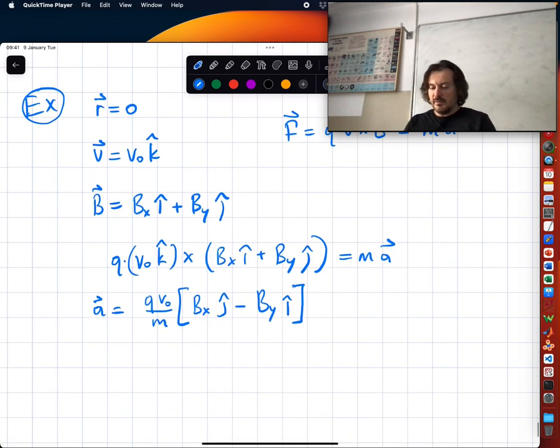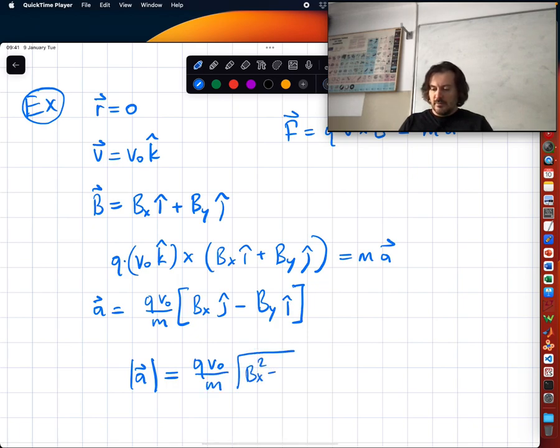No. So what is the magnitude of a? How do you find it? I take the square root of Bx squared plus By squared. That's right. This is the magnitude of the acceleration. Does it make sense to you?